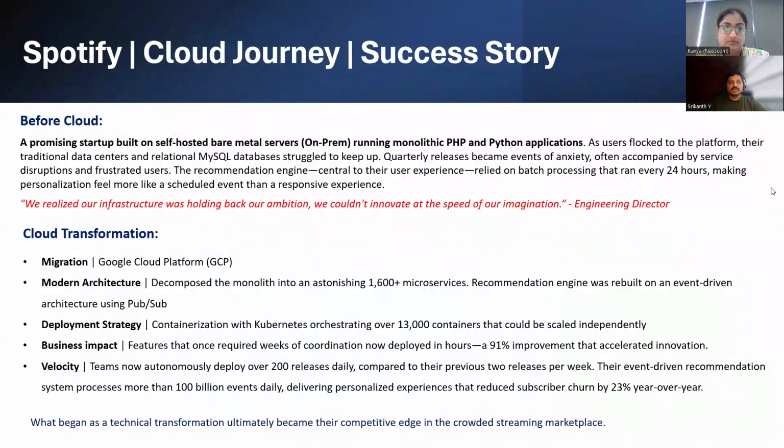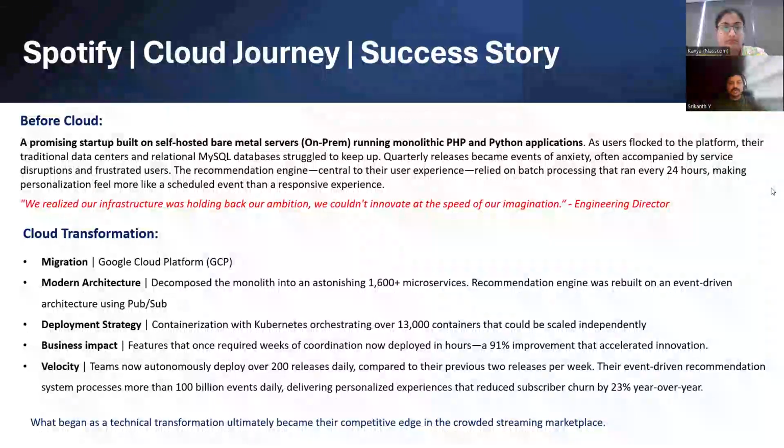We spoke about Kubernetes containerization in the previous session. So they got almost 13,000 containers that could be scaled independently. For every service, whatever the best sizing they could do, like if you take Amazon or Spotify, they all have microservices, and each service is put into a container.